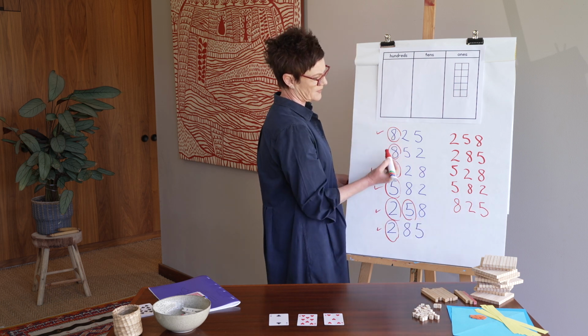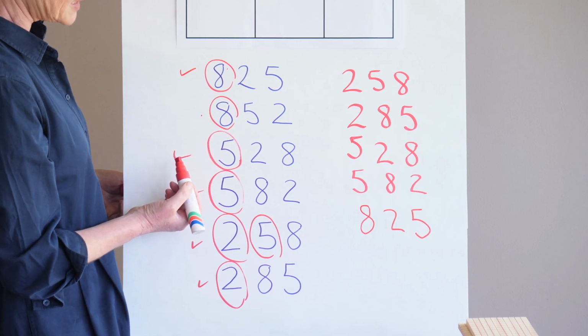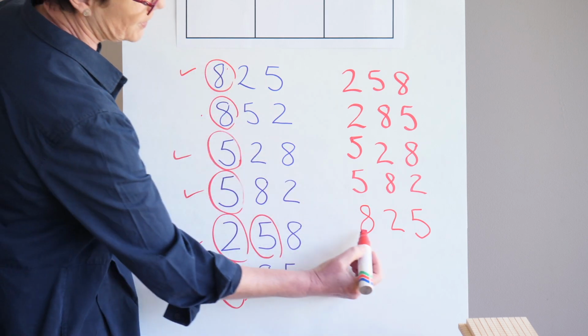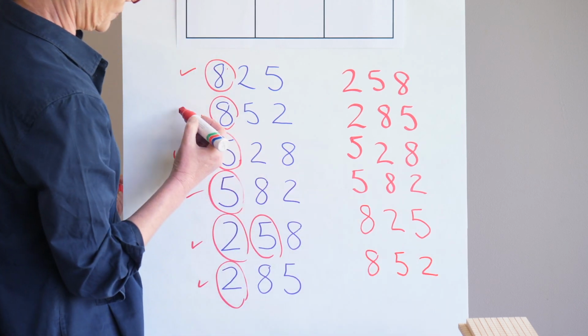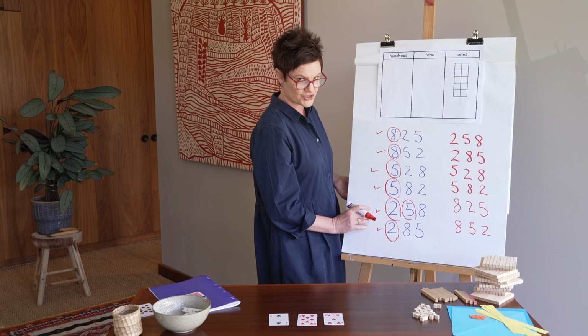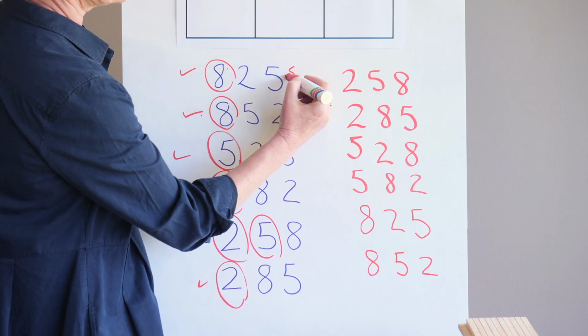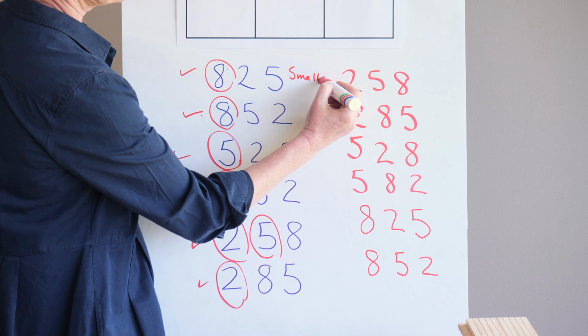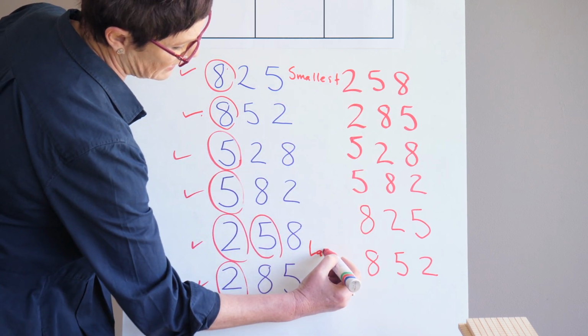And here I am at my largest number I can choose from, which is 852. Okay, so here are my 6 3-digit numbers, and here they are from smallest all the way to the largest.